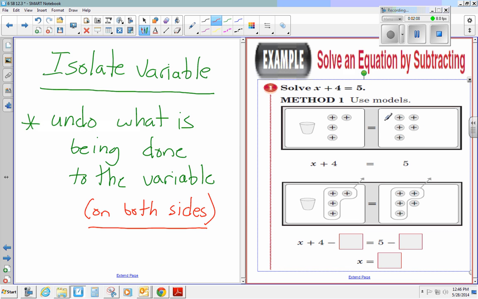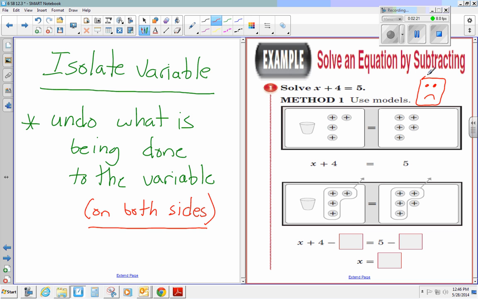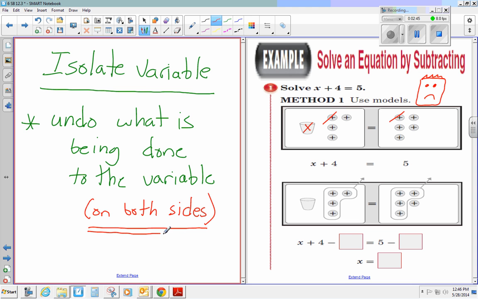Okay. So you can undo whatever you want as long as it's on both sides. So, using these models. Using models is good for initially understanding it, but really, in the grand scheme of things, you're not going to actually draw a model every time. You're going to use method 2. But what this means here is you have a variable, x, and you have a bunch of positives. So if I remove one positive from here, I remove one positive from there on both sides.